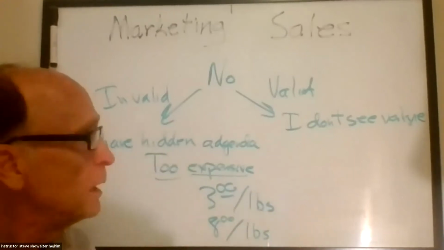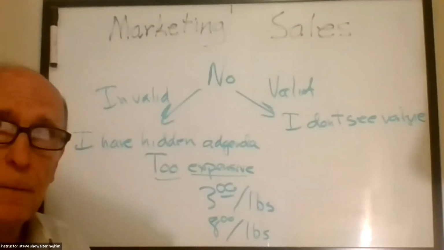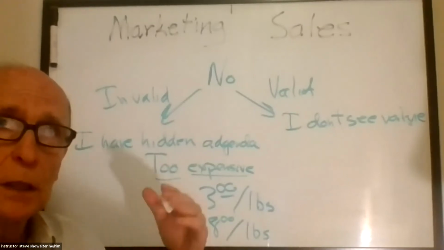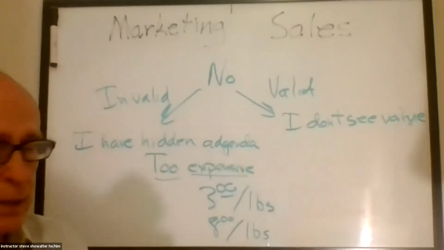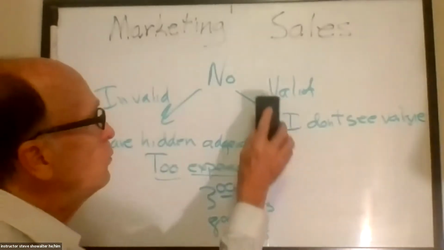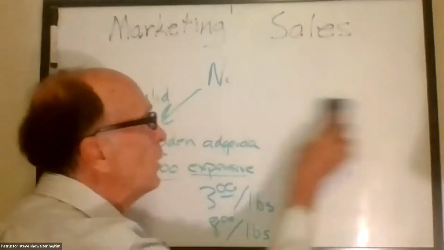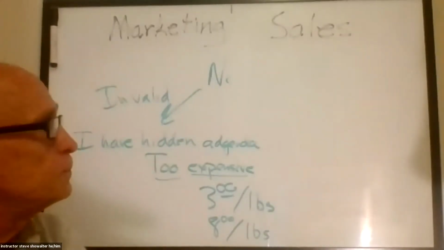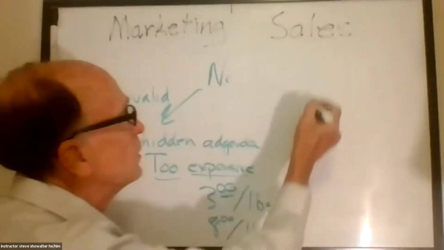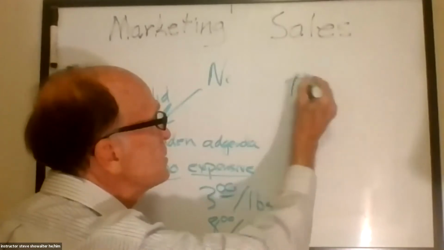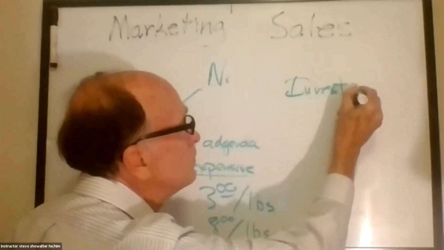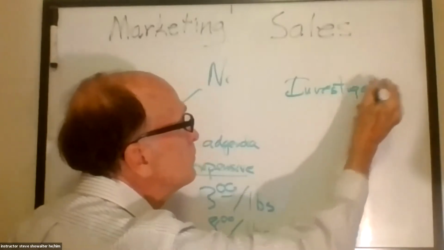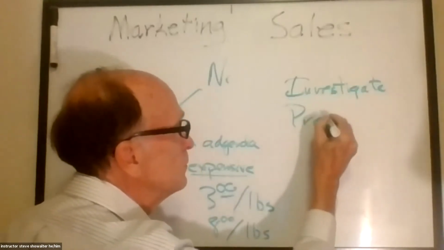The idea of continuing to talk to somebody, and I'm going to go back to this process I did over here, and that process was the process of investigate, present, and follow.